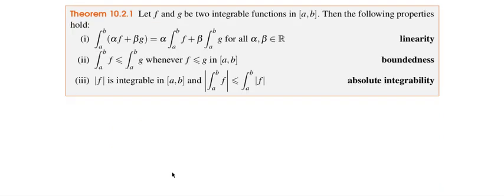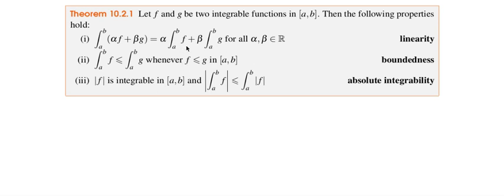Okay, now there are some basic properties of the integrals, right? So if f and g are two integrable functions in closed [a, b], then the integral of the linear combination of f and g is the linear combination of the integrals of f and g in that interval.